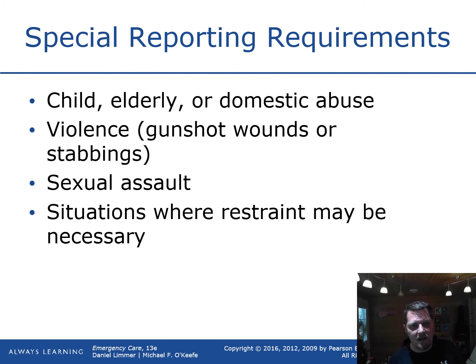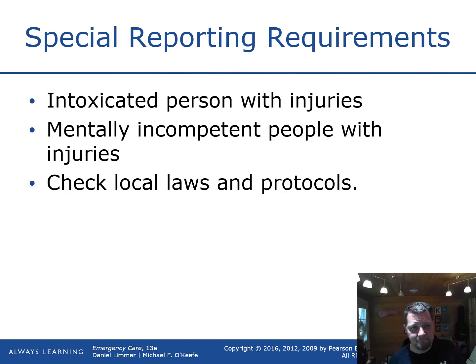It doesn't matter if there was one report or 40 billion reports, as long as it was reported. Intoxicated people with injuries, mentally incompetent people with injuries, and again, check your local laws and protocols.